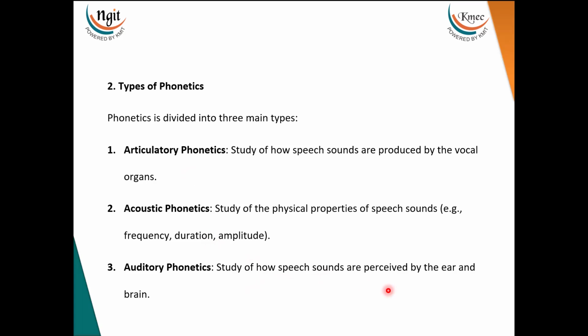Let us take two words like sit and seat. Sit, seat. You can see how the difference is made between these two. When you say the word seat, the vowel sound corresponds to the long vowel, double E. So that is auditory phonetics.